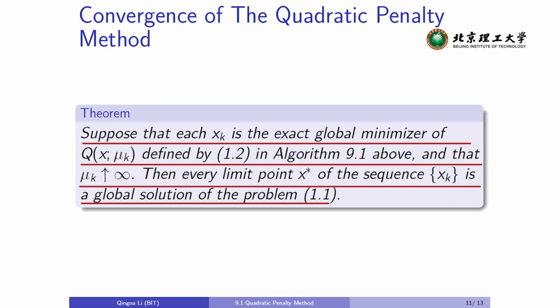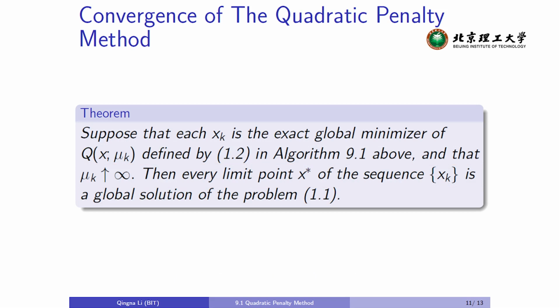In other words, if for each inner problem we can get the exact global minimizer x_k, then by driving mu_k to positive infinity, the limit point of x_k is the global minimizer of the original constrained problem. This is a very nice property.